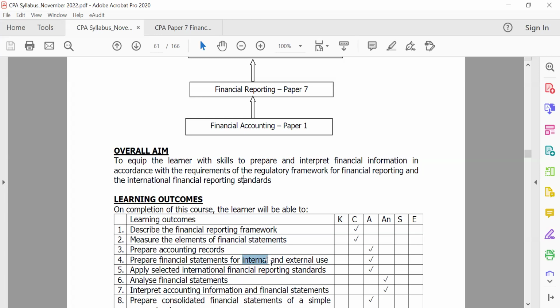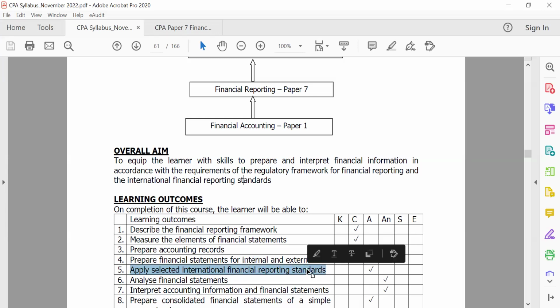Externally, we were looking at statutory bodies like URA. We're also looking at, let's say, investors. We're looking at customers that may be interested in these financial statements. We're also looking at suppliers that may be interested in these financial statements, and so on. And then we will also be able to apply the selected international financial reporting standards.